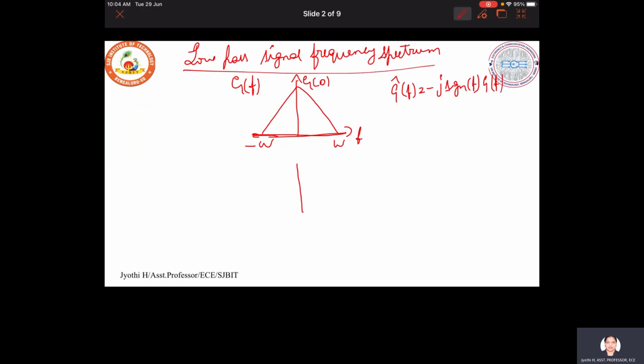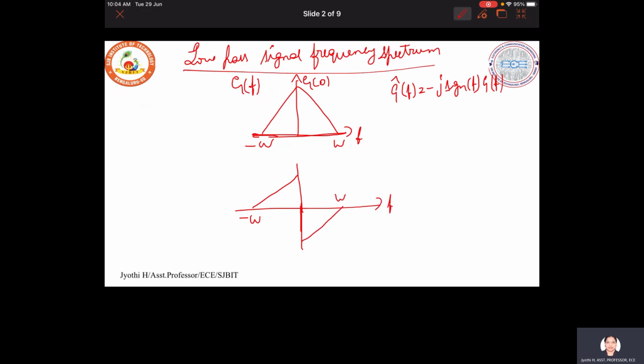After applying this formula, we can write the spectrum as follows. Minus J signum of F will give the negative: for the negative frequencies, it is a positive component, and for positive frequencies, you will get the negative component.